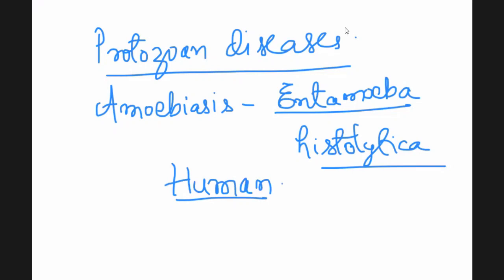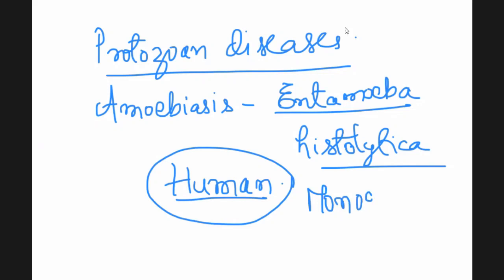Like you take Plasmodium, human is one host and there is a second host, the female Anopheles mosquito. But this parasite lives only in the human body. It is a monogenetic parasite. Note down the meaning: a parasite which completes its life cycle in a single host.